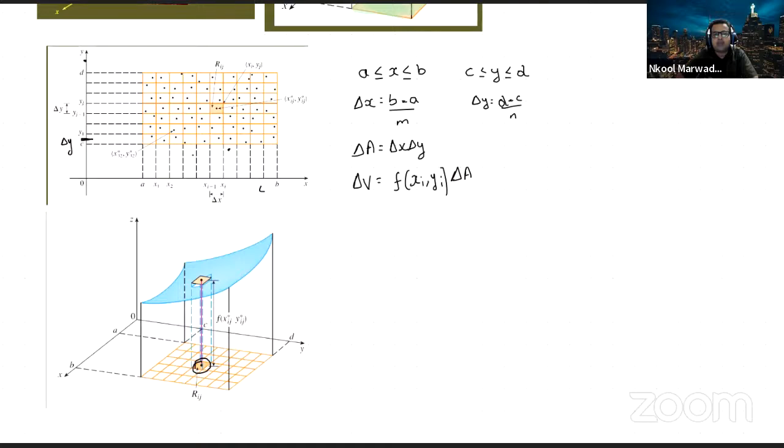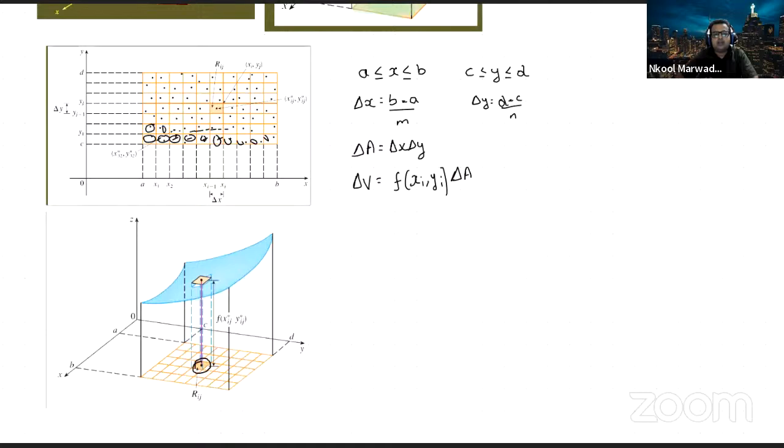I will keep on adding. So for a fixed delta y, I will keep on adding delta x n times, adding the volume of whatever 3D rectangles I get. Then I will go to the next delta y, and once again I will be adding the 3D volumes.